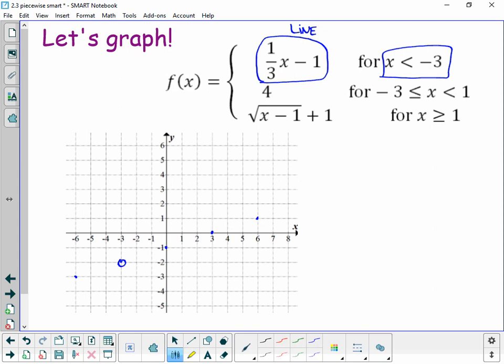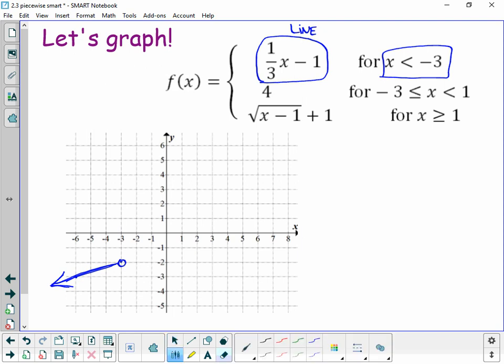Starting here, that's the highest value we want, and then over here. Okay, so the domain restriction told me keep the portion of the line where the x values are less than negative 3. This will all get erased. So if you don't draw it super heavy at first, it will be a lot easier to erase the parts that you don't want to keep.